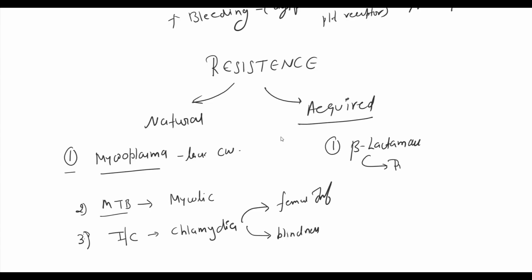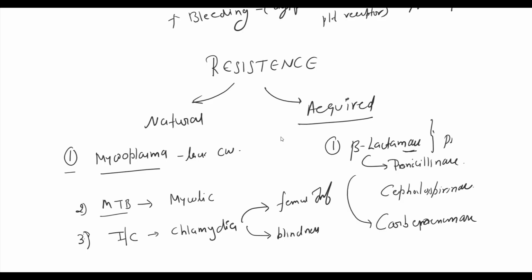Against penicillin, these are known as penicillinase. When these are produced against cephalosporin, they are known as cephalosporinase. And beta-lactamase acting against carbapenem is known as carbapenemase.